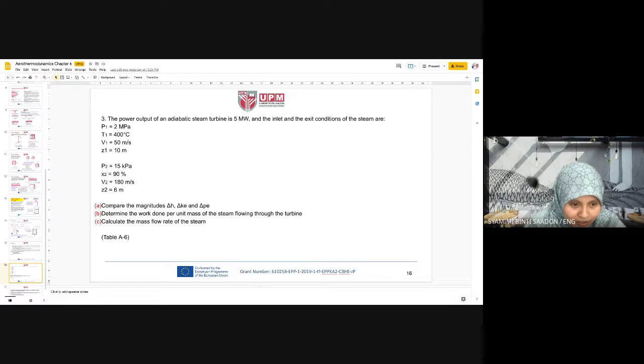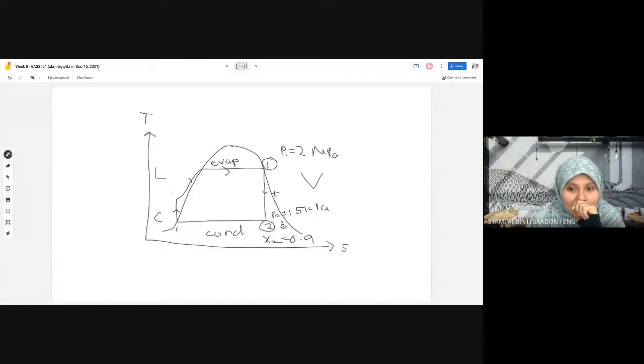Okay, here I've written table A6. Table A6 concerns superheated vapor. So why do we choose superheated vapor? The inlet, point 1, is here, either at the saturated point or above the saturated point.